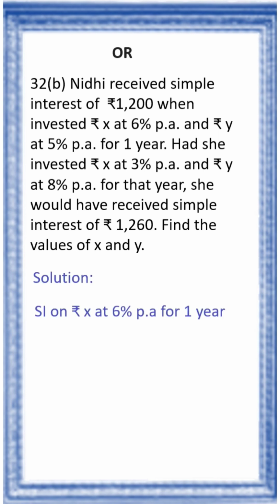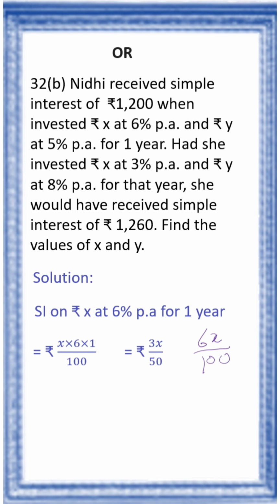Now, simple interest on rupees x at 6% per annum for 1 year. We know that simple interest is equal to PTR by 100. x into 6 into 1 by 100, that is equal to 3x by 50. We can keep it like this also, 6x by 100.